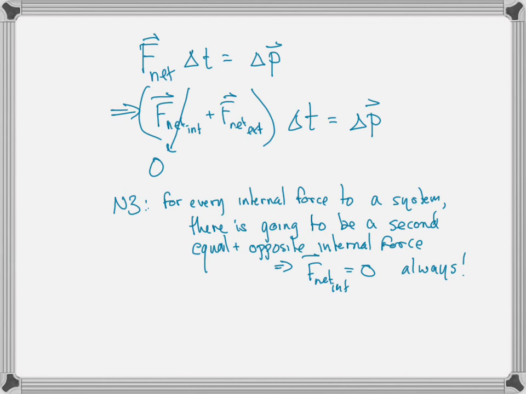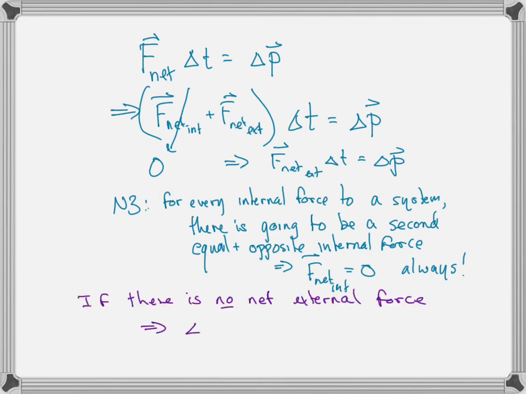Okay, anyway, so let's come back to our equation. Our equation tells us that only an external force on a system can change momentum. The net external force is what changes momentum. And if there is no net external force, therefore, what can you say about the momentum? Therefore, delta P must equal zero.